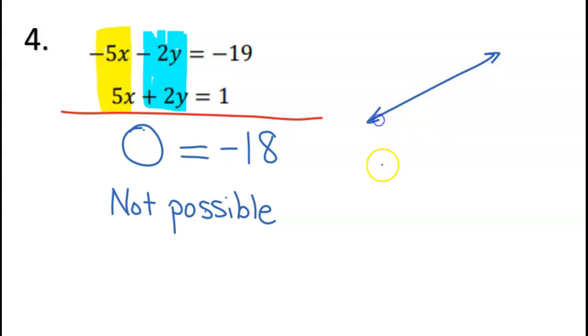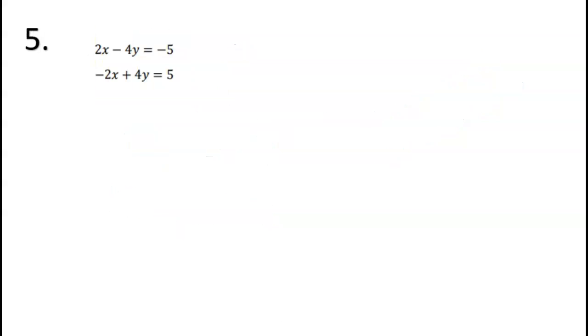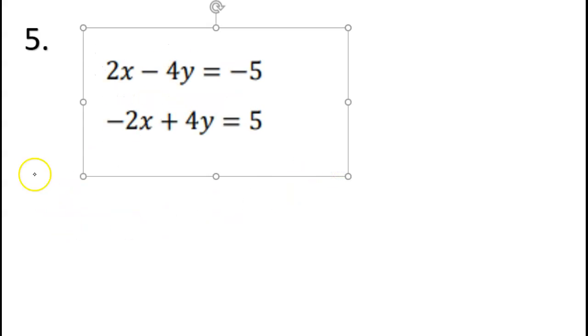And what do we call lines that do not intersect? These lines were parallel lines to begin with. Are they going to have an intersection point? No. So when the x's cancel out and the y's cancel out, and you get 0 equals something else that's not 0, that means they were parallel lines, so there is no intersection point. The answer is not possible. No solution.